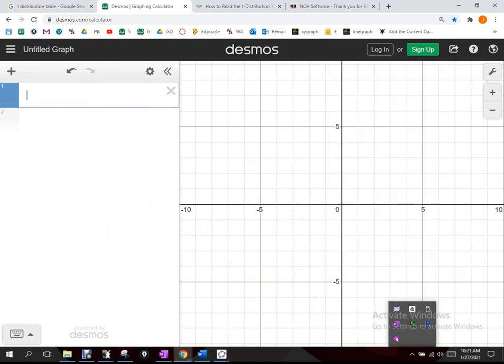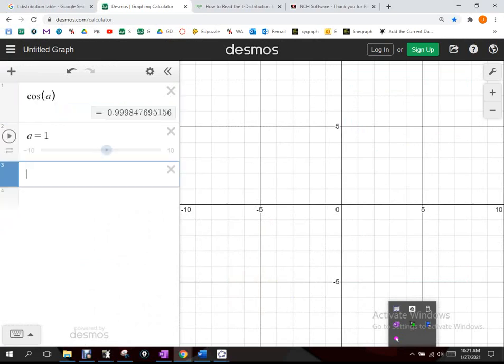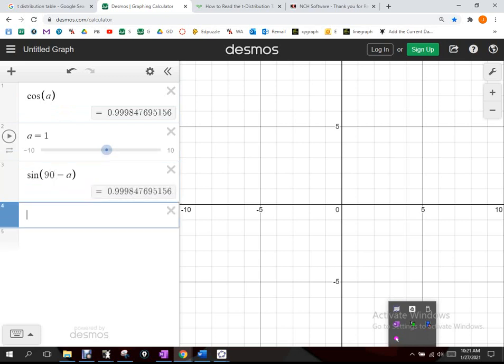So I'm going to say cosine of A and then sine of 90 minus A. And A is in degrees right now, so let's make this go between, so it's a right triangle, so A can only be between 0 and 90.